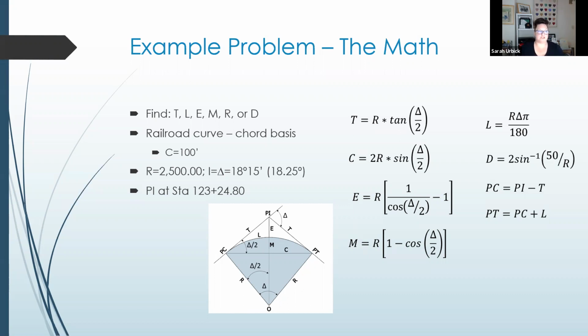Given that information, we can then find our beginning and our ending. We can find our start and our stop points. So the formula for length of our arc: the radius times the interior angle times pi, divided by 180. We've got all those parts and pieces. What would we get for the length of our arc based on this information?